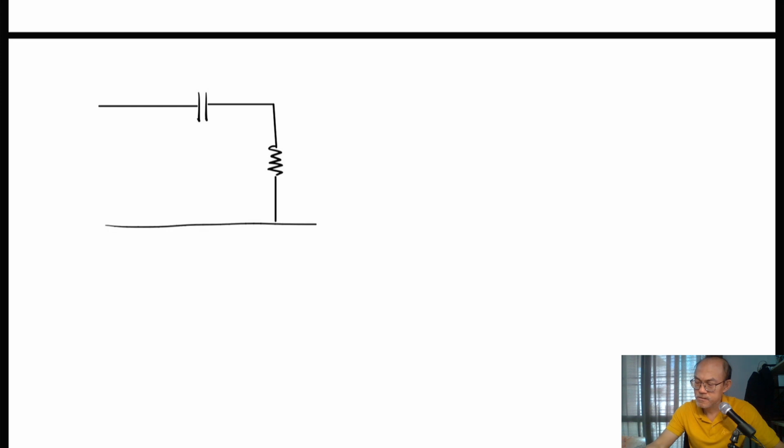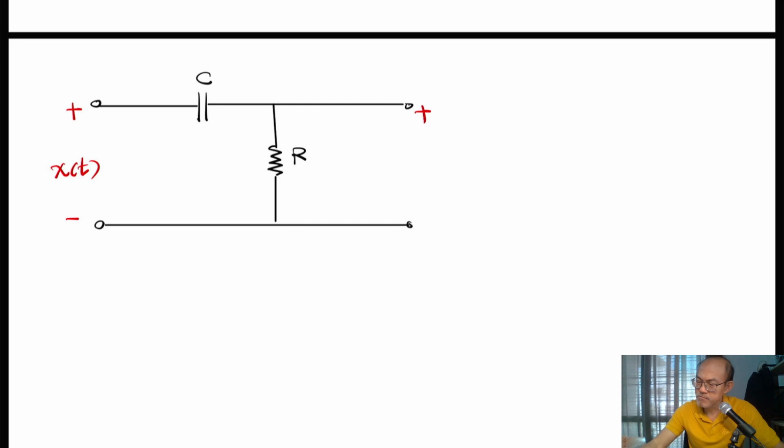So for example, suppose you have an LC circuit. I'm sorry, an RC circuit. This is your system. This is the input, and this is the output.